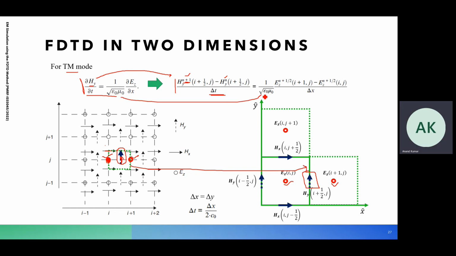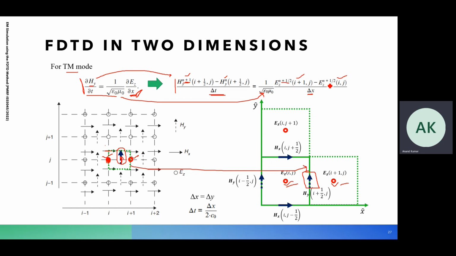This particular coefficient again remains the same, and then we have the spatial derivative of electric field in the z direction, and so we have a delta x over here, and then we will use the neighboring nodes for the electric field at e i j and i plus 1 j.